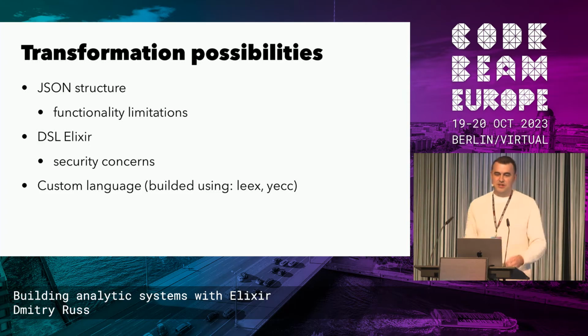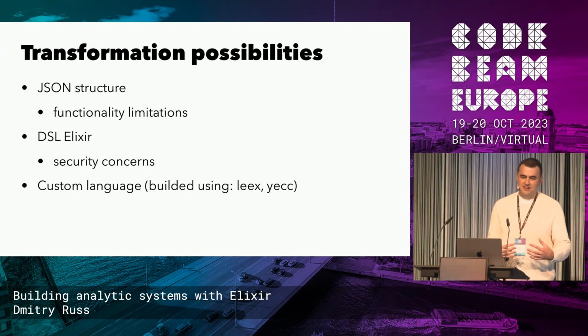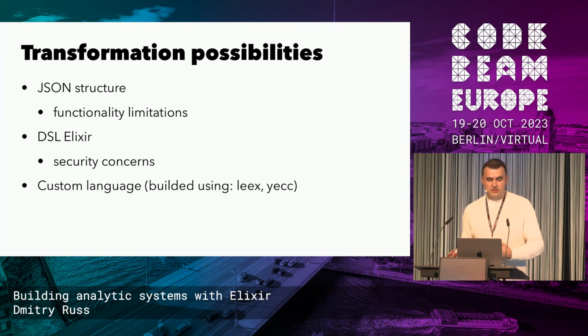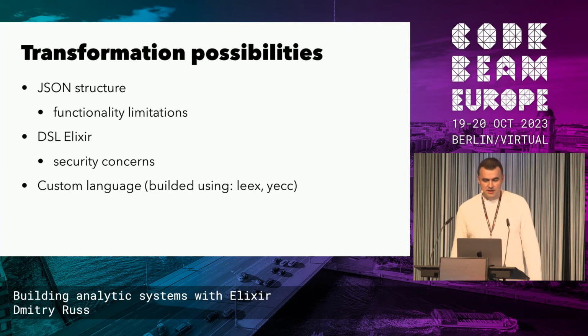Except if you are doing very hardcore static analysis of what they're doing with your DSL, you can have all these problems. And then the third option is to create some custom language using Lex, Yacc, for example.